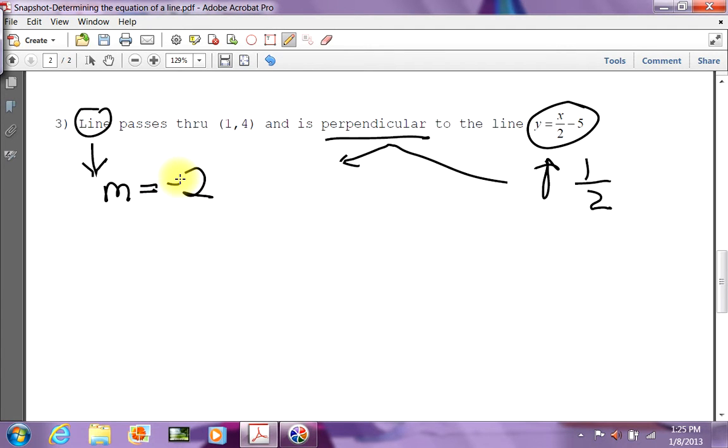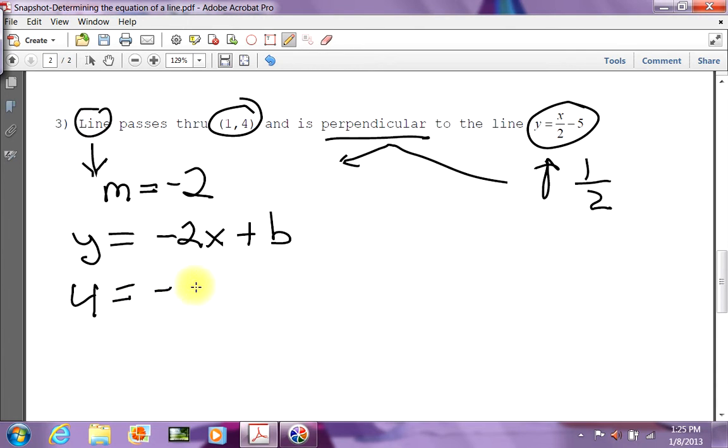So now I have the slope, and therefore the equation of the line is y equals -2x plus b. Now I need b. Once again, I'm given a point. That point's a solution: y is equal to 4, and x is equal to 1. I can now solve this for b, and I get b is equal to 6.